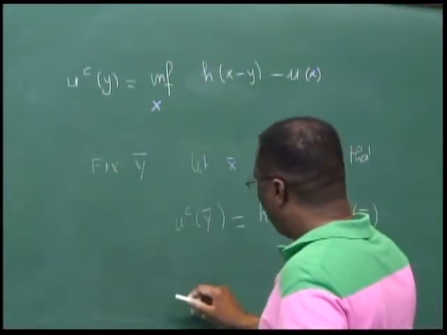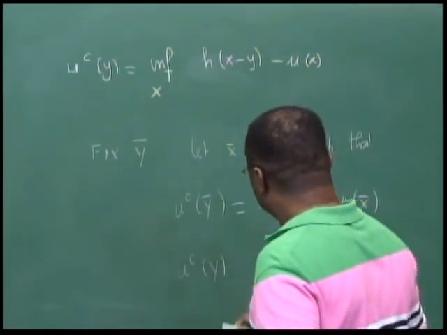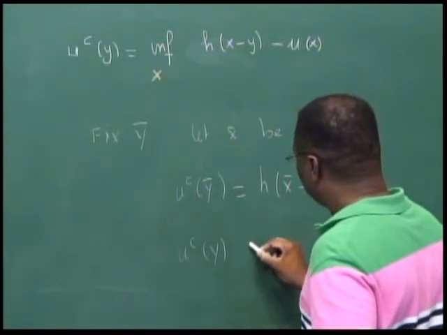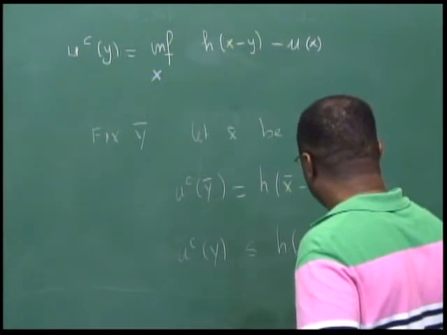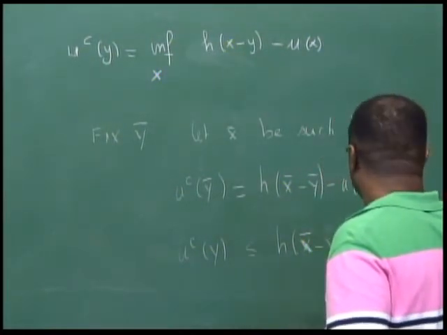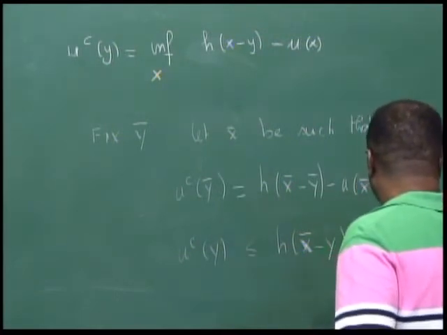Now, I have that uc of y is smaller than h of x bar minus y minus u of x bar for every y.